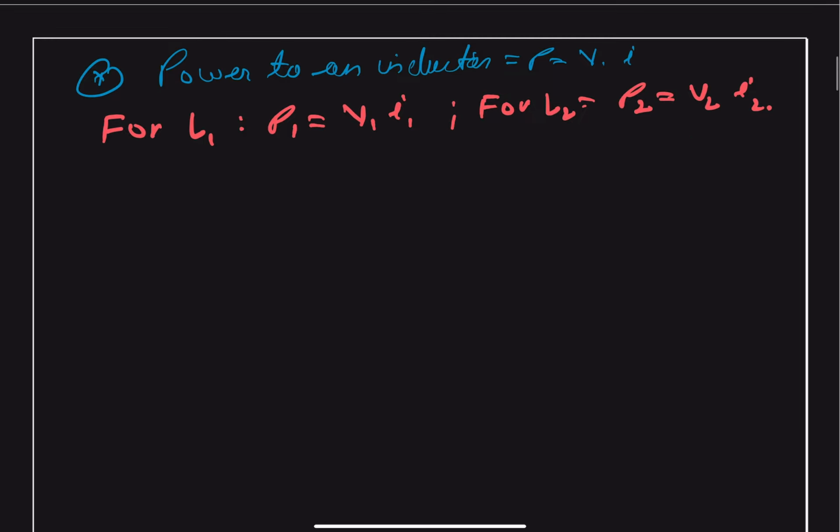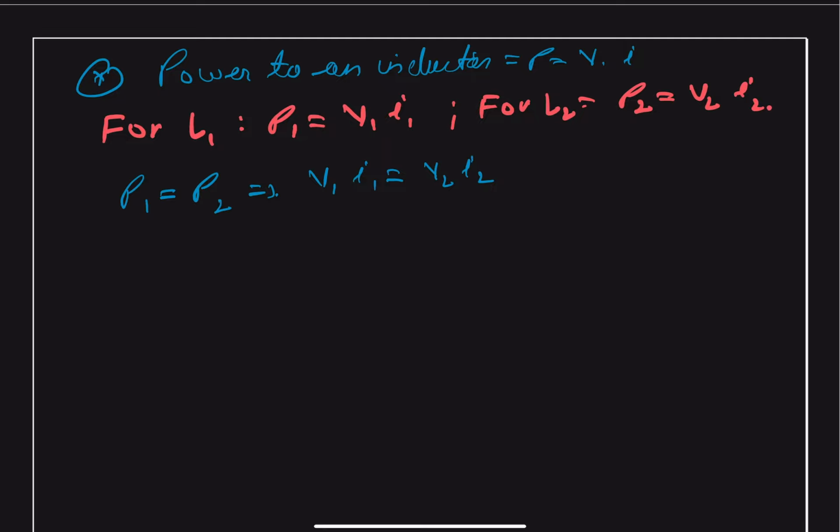And we already know that P1 is equal to P2. We substitute the values and get V1 I1 is equal to V2 I2. And we already know V1 by V2.